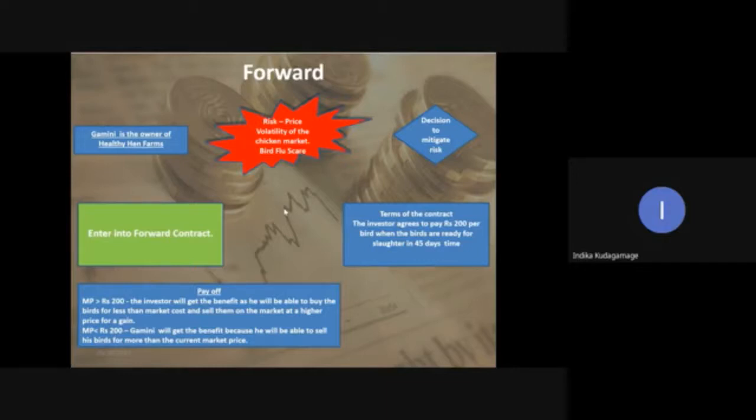So Gamini is afraid of price reduction. The investor thinks, no, prices will go up. He agrees. Then Gamini does not have a fear. He has a market. He knows the selling price. He has fixed it.